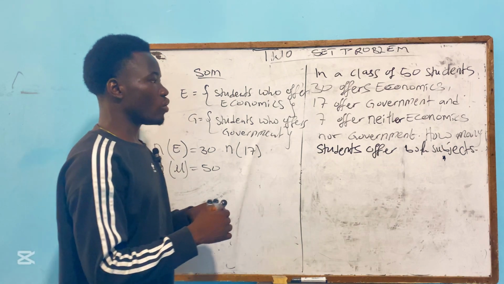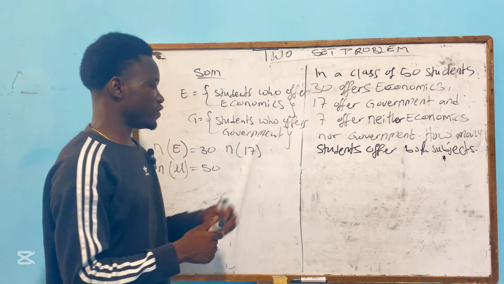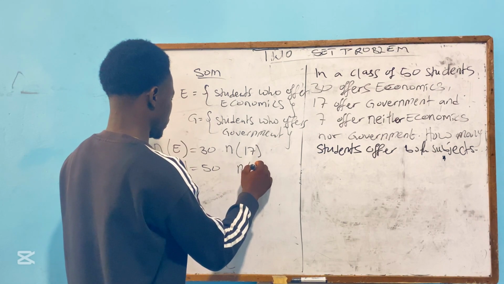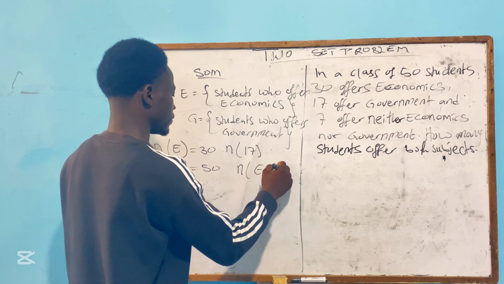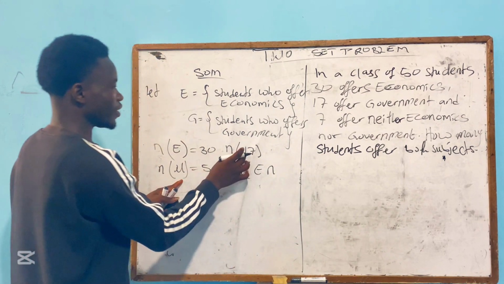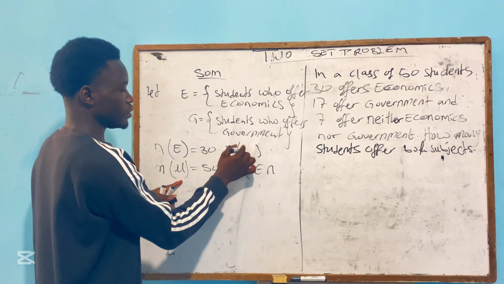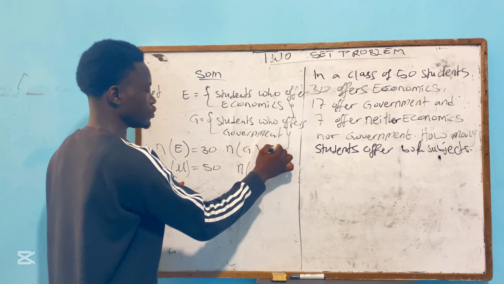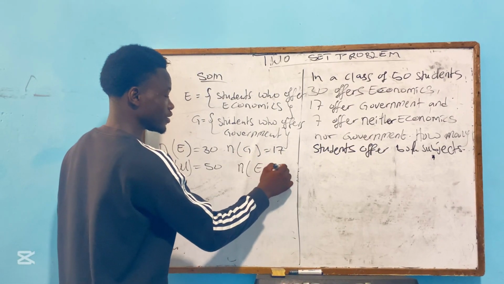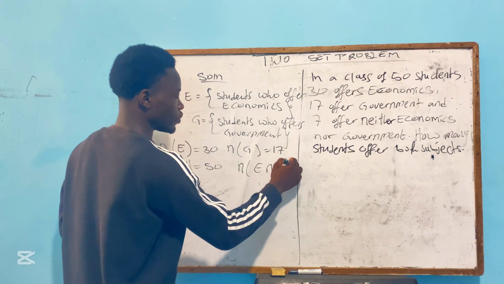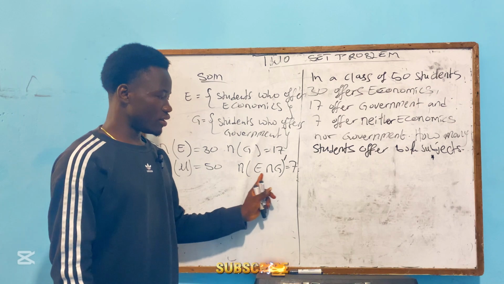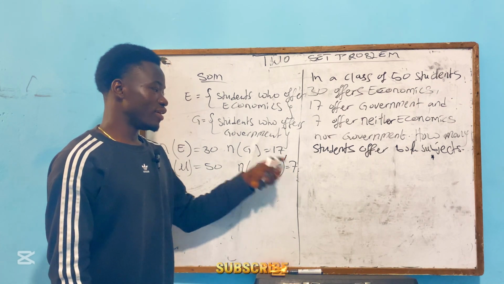And those who do not study any of the two we write as n(E union G complement), which is equal to 7. So you have a complement here, meaning those who are not inside here is the 7.